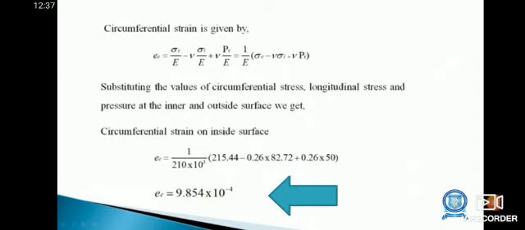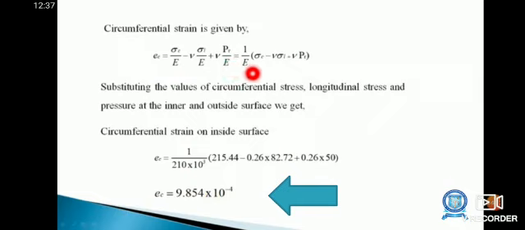Next, circumferential strain is given by this equation: EC is equal to sigma C divided by Young's modulus, minus Poisson ratio times longitudinal stress divided by Young's modulus, plus Poisson ratio times pressure divided by Young's modulus.